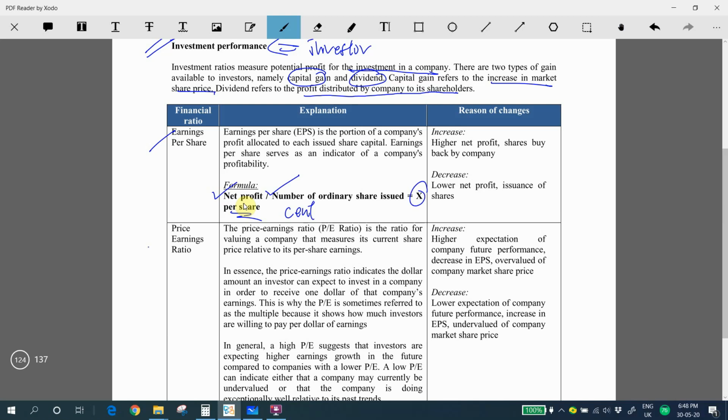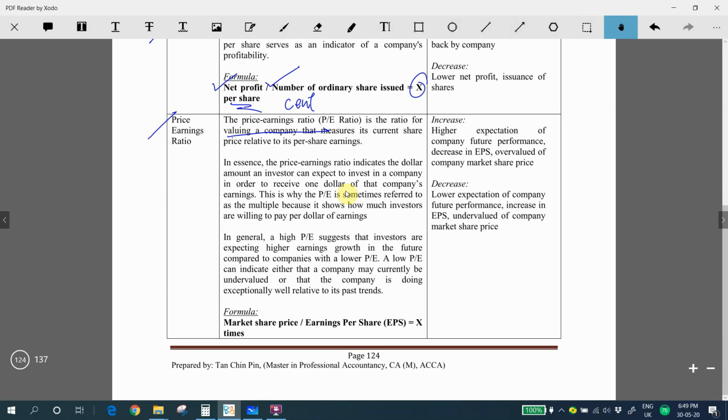Next ratio, price earning ratio. Price earning ratio is regarding the valuation of the company. We use the market share price divided by the earnings per share, so we get the answer in times.